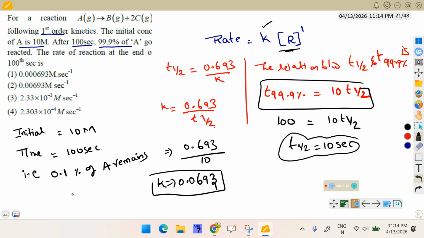So 0.1 by 100 into initial concentration of A, which is 10. Simplify, then 0.01 molar. Substitute both the values here. 0.01 into 0.0693. Simplify, then you will get 0.000693.